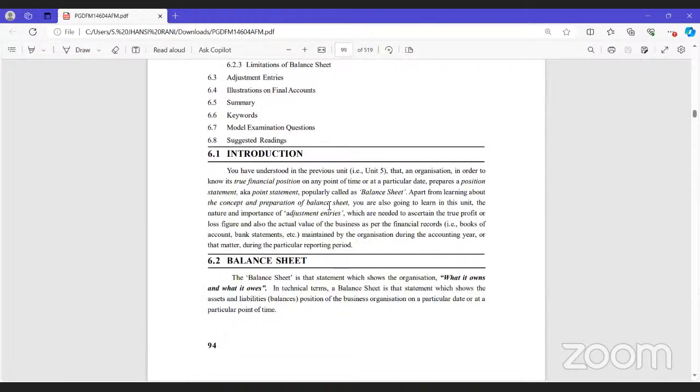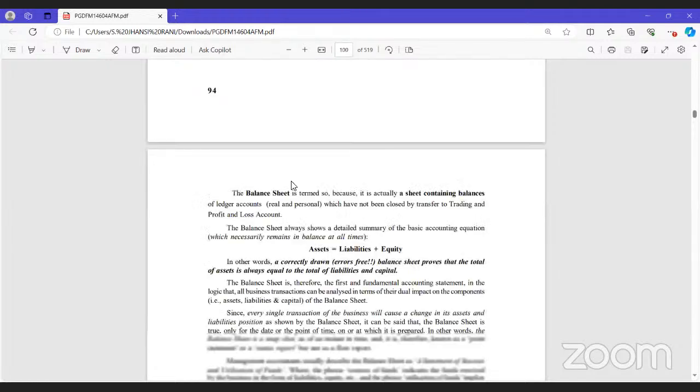The profit which we bring from the profit and loss account will also be written over here.